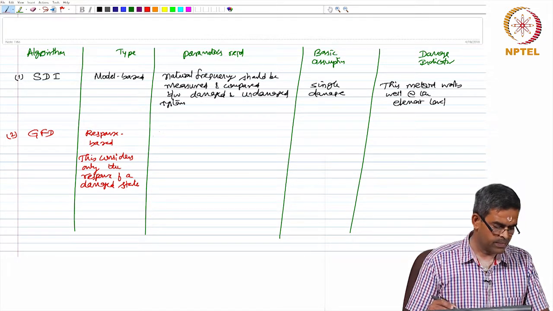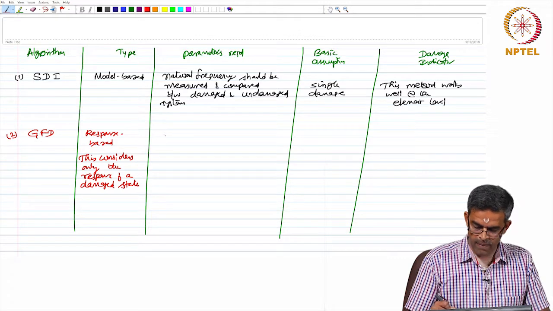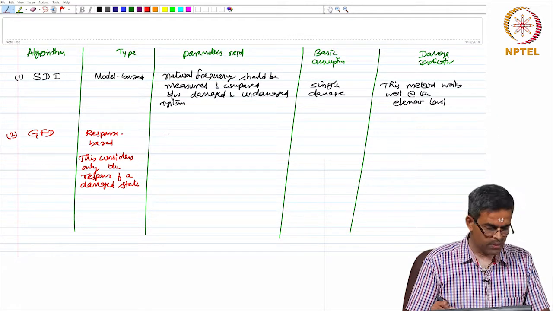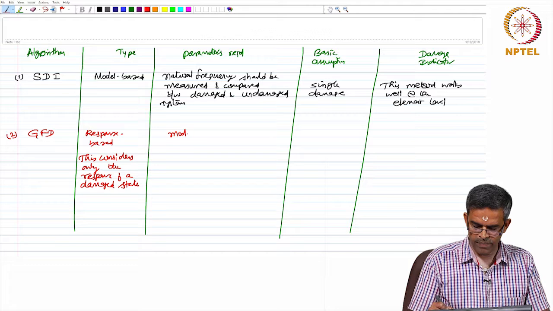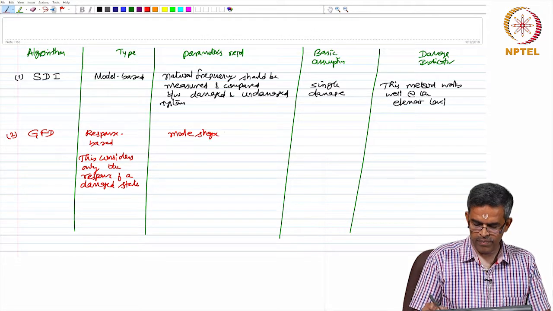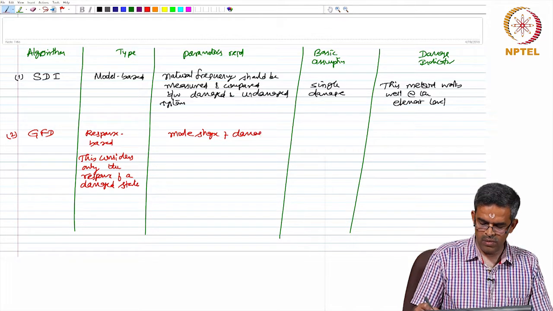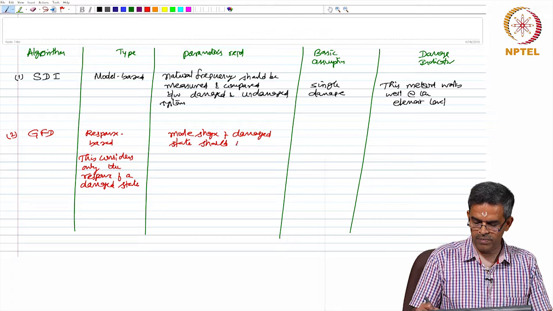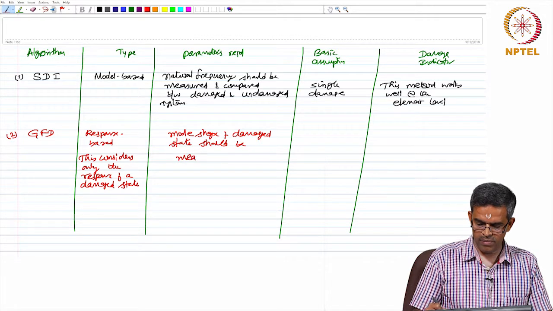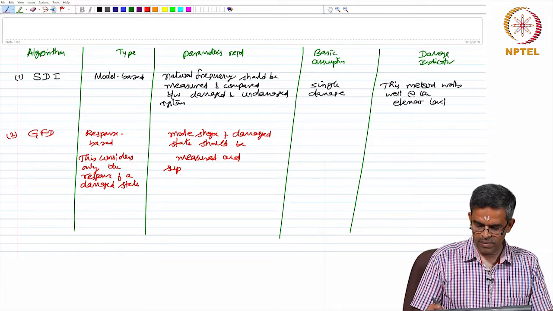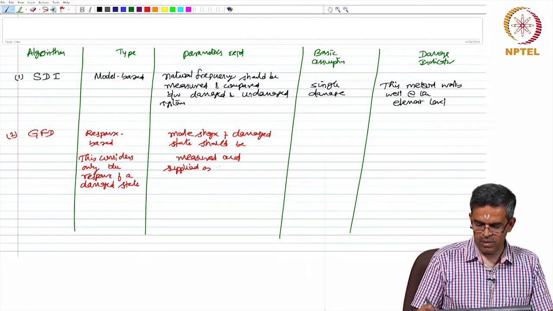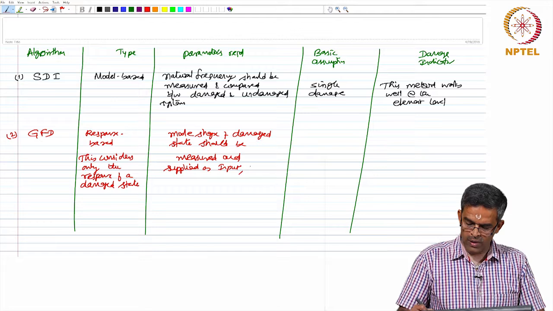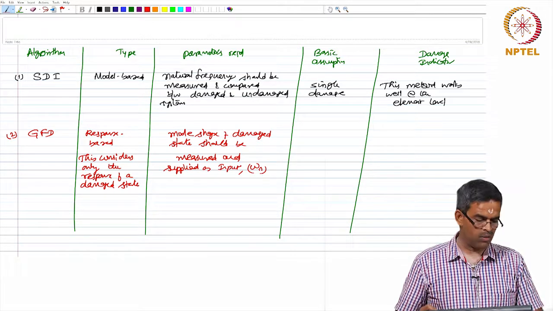Here the requirement is that the mode shape of the damaged state should be measured and supplied as input along with the natural frequency of the corresponding mode shape.